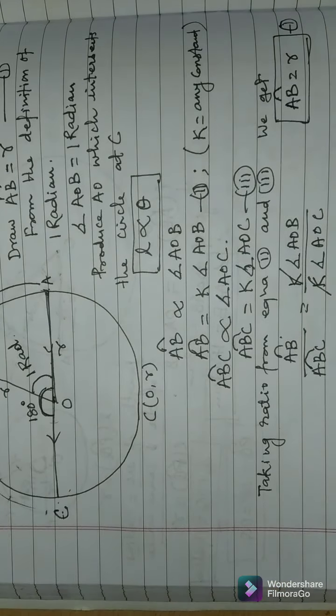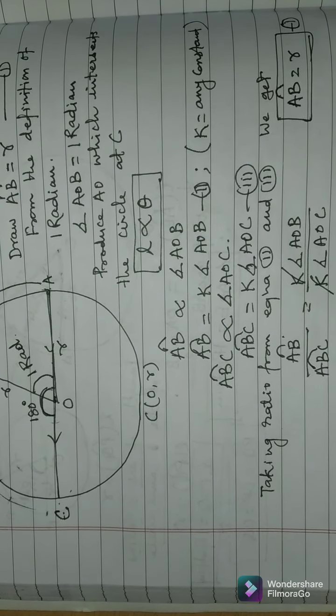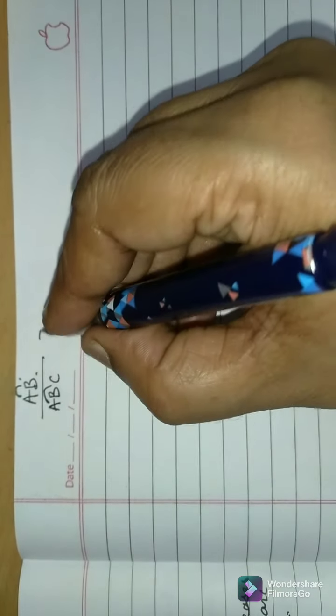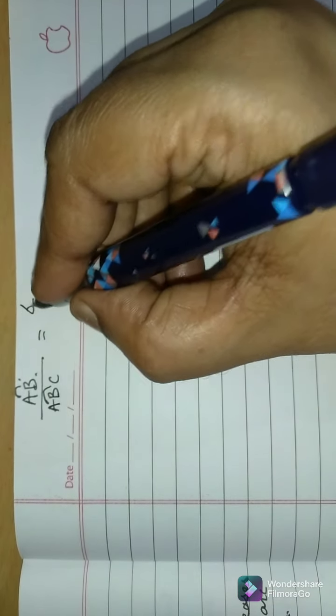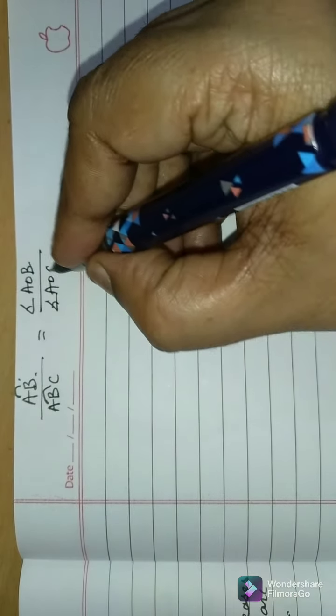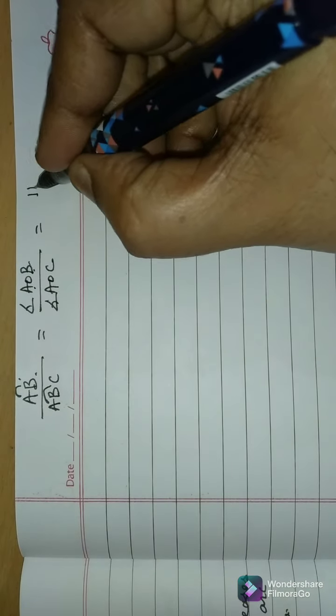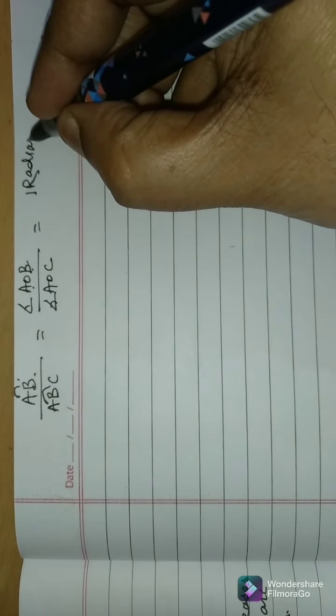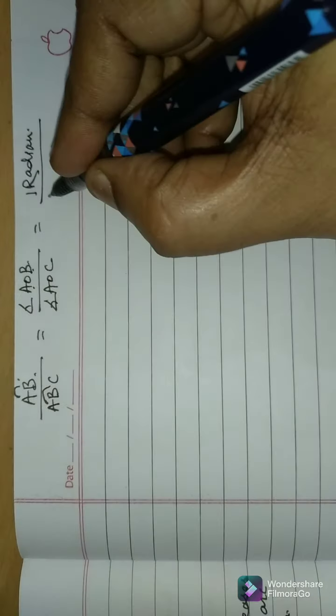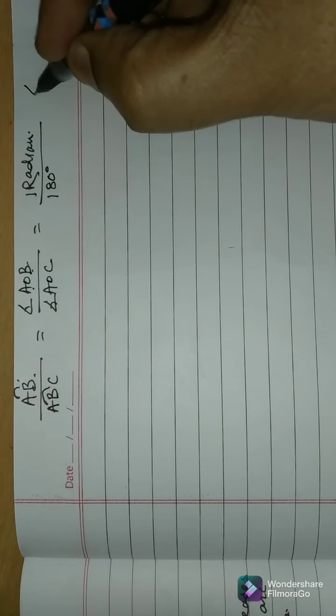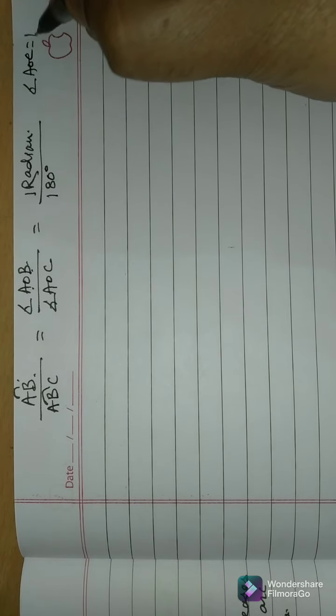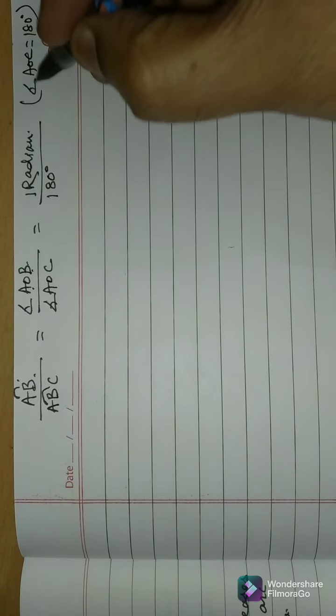So now I am coming to the next page. So now arc length AB divided by arc length ABC, and angle AOB, again I am writing over here, and angle AOC. Angle AOB is equal to 1 radian, and this is angle AOC from the figure. Angle AOC is equal to a straight angle which is 180 degree.